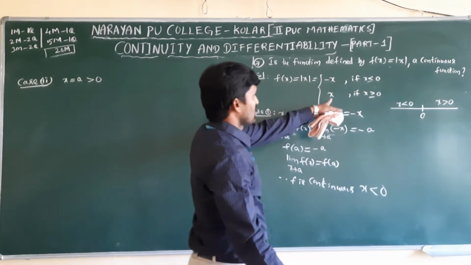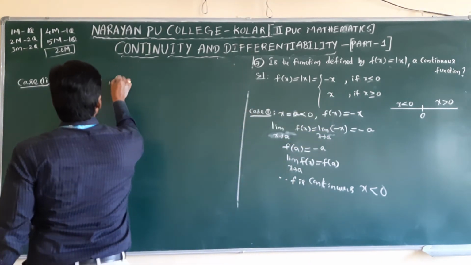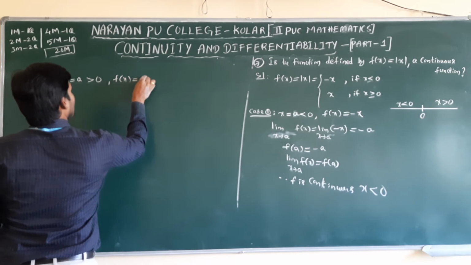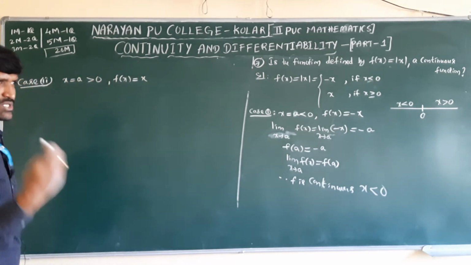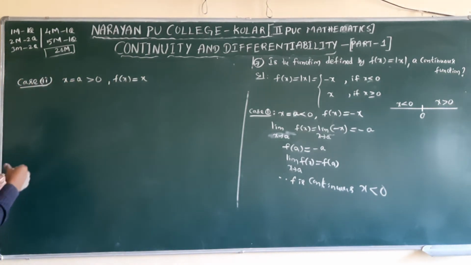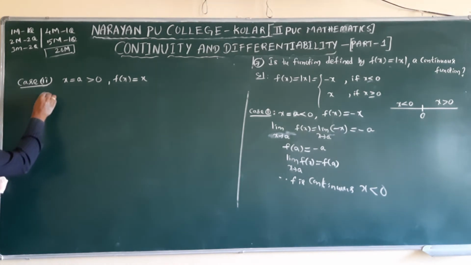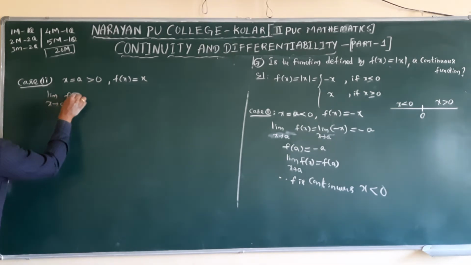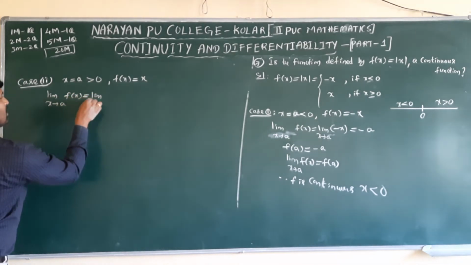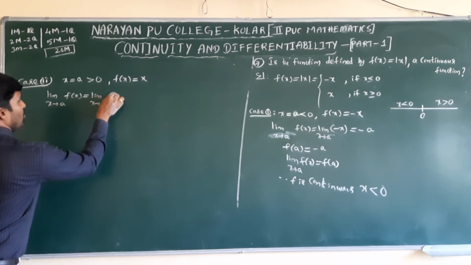For all values greater than 0, what function is there? x. Single function. Understand the logic here? Further, so many questions will come based on this: checking continuity, discussing continuity, like that. Here also it is a single function, that's why I am taking limit x tends to a of f of x.